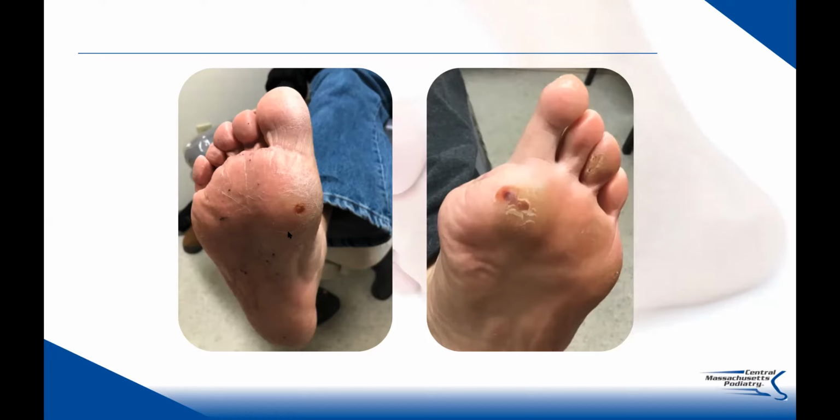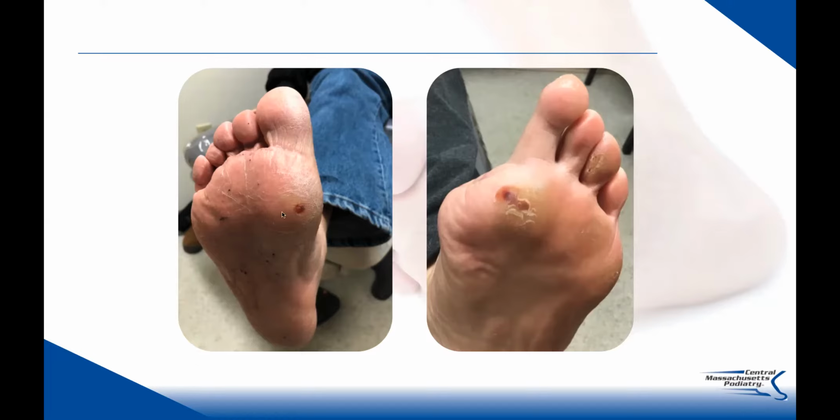Those high pressure areas are going to eventually develop into a wound or an ulcer, and that may even be a very small ulcer. If I catch a patient like this, I'm very happy because I can change their shoes, I can put padding in their shoe, I can take the pressure off of it, and many times I can avoid a bigger problem. So that's what makes this a high risk foot.